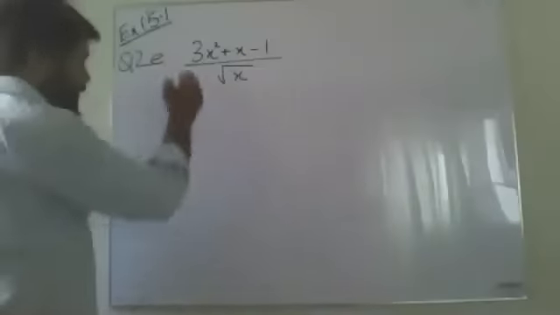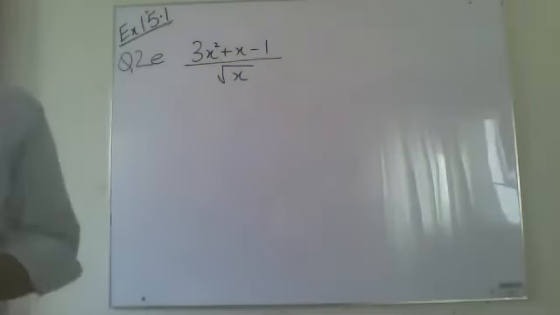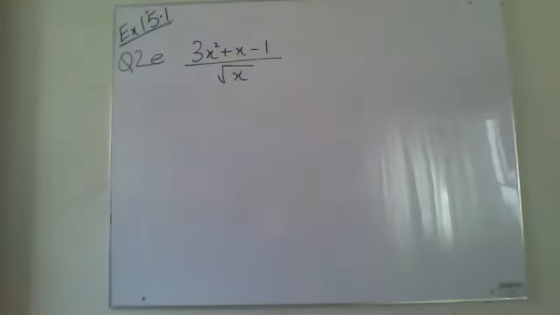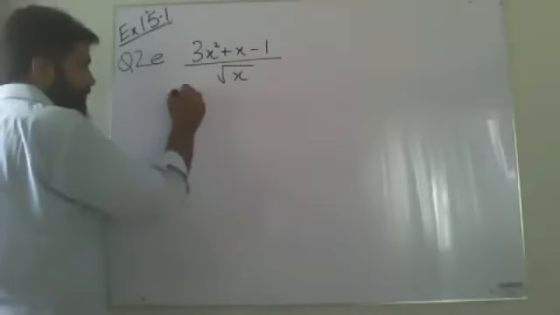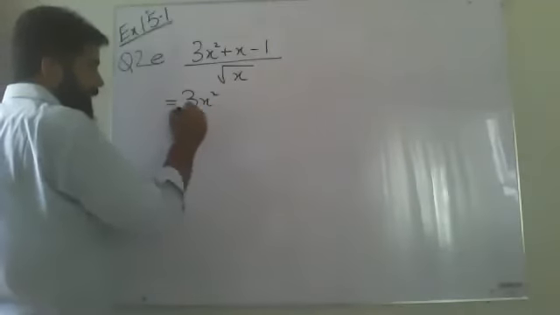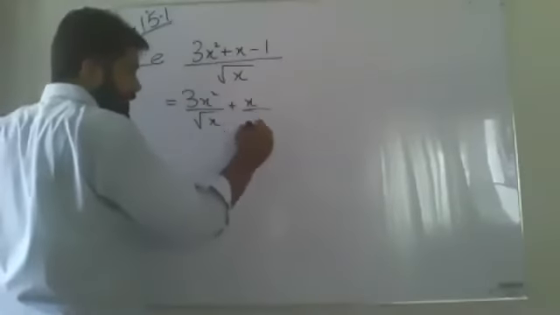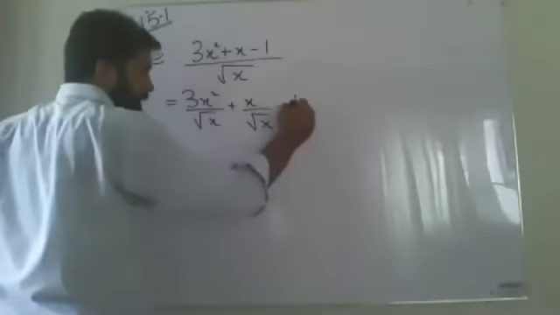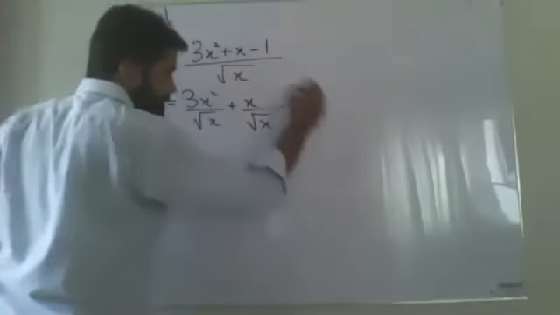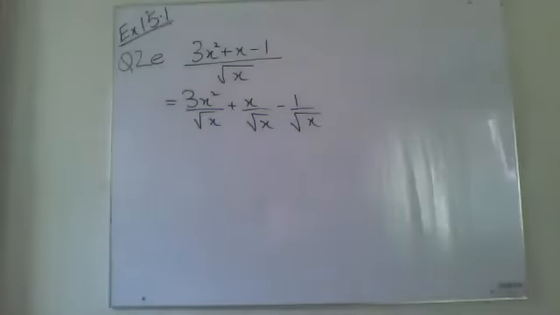So what I am going to do now, again a single denominator is there, but this time this single denominator is under every term. So first of all, 3x square under root x plus x over under root x minus 1 over under root x. Okay, I have written this.